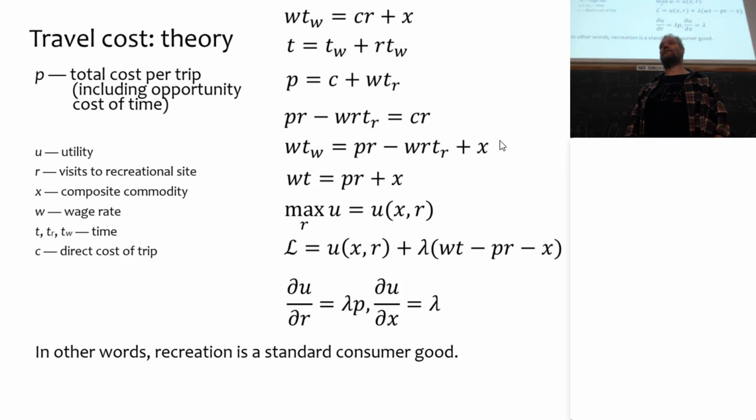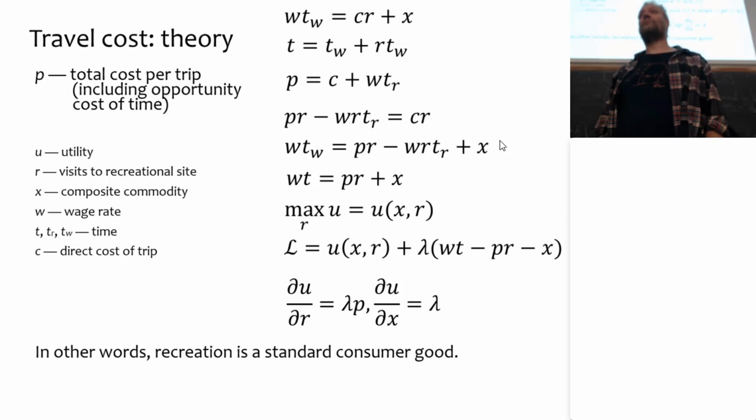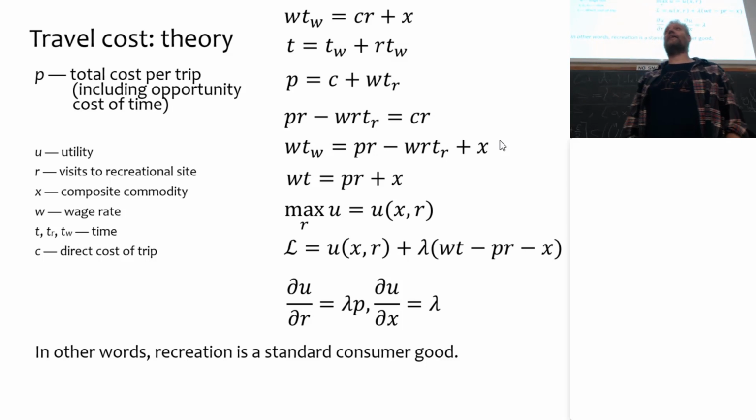The lambda drops out if you take the ratio of these two things. And what we have is that in the equilibrium, the ratio of marginal utilities is equal to the ratio of prices. So recreation is just an ordinary good, right? There's nothing special that went on here.